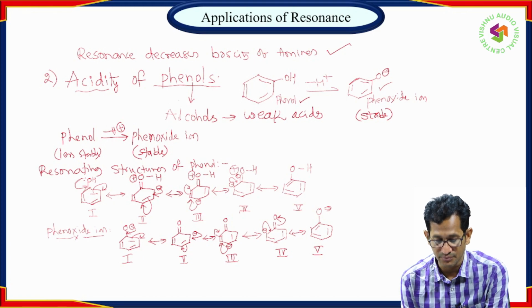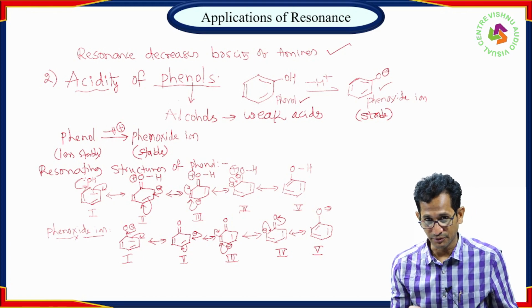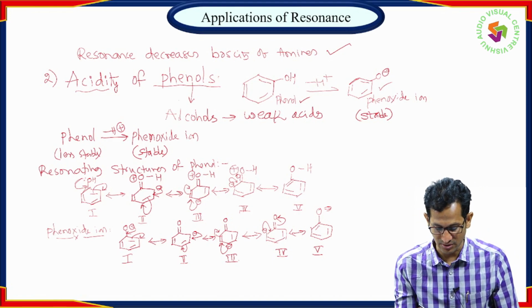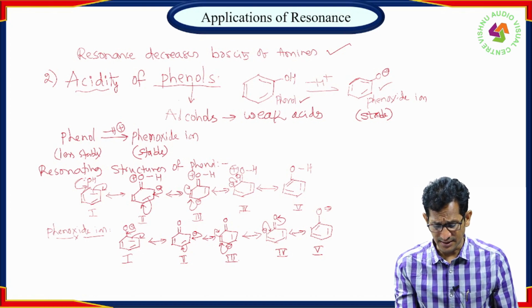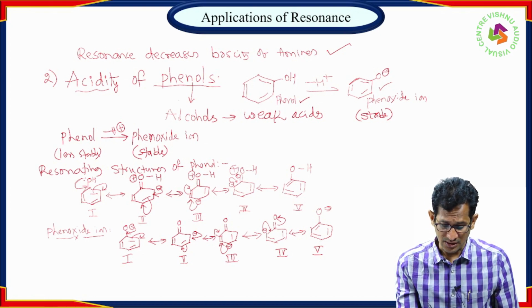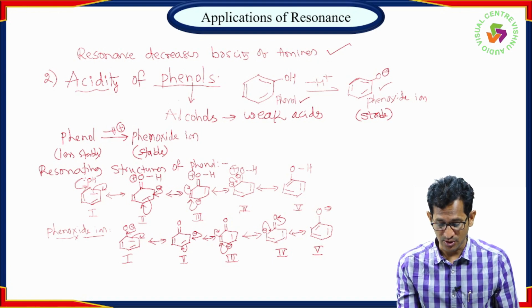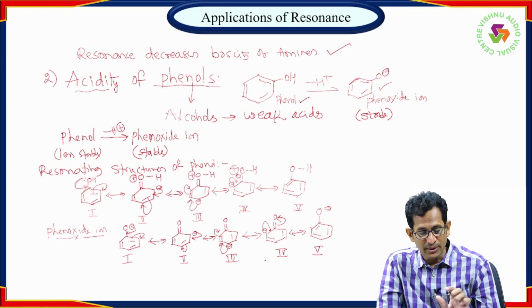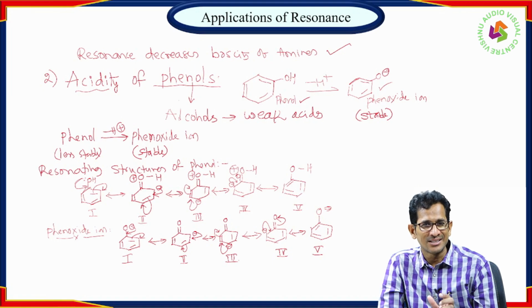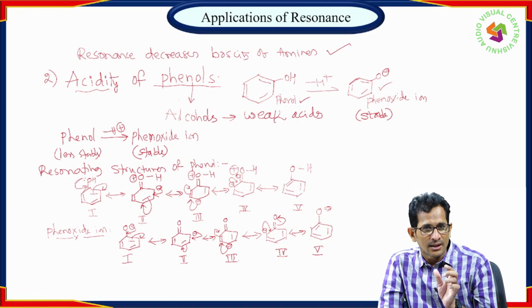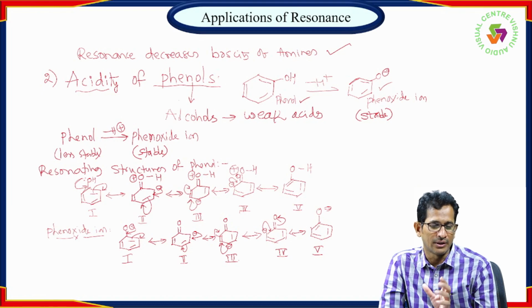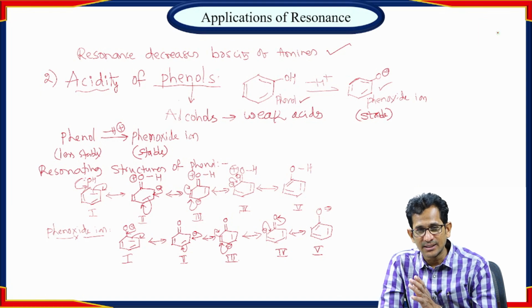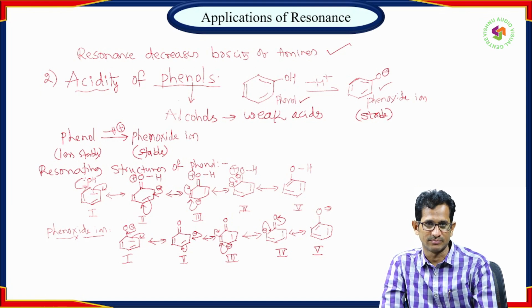Coming to the second resonating structure of phenol, here see, the oxygen is bearing the positive charge and the carbon is bearing the negative charge, right? So the charge separation is present in the second resonating structure of phenol. This charge separation will destabilize the resonating structure.